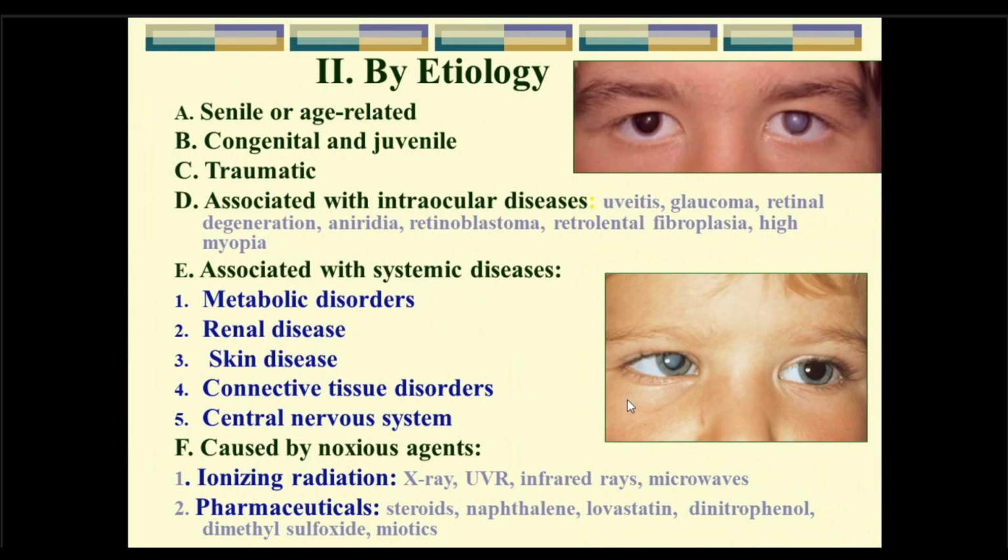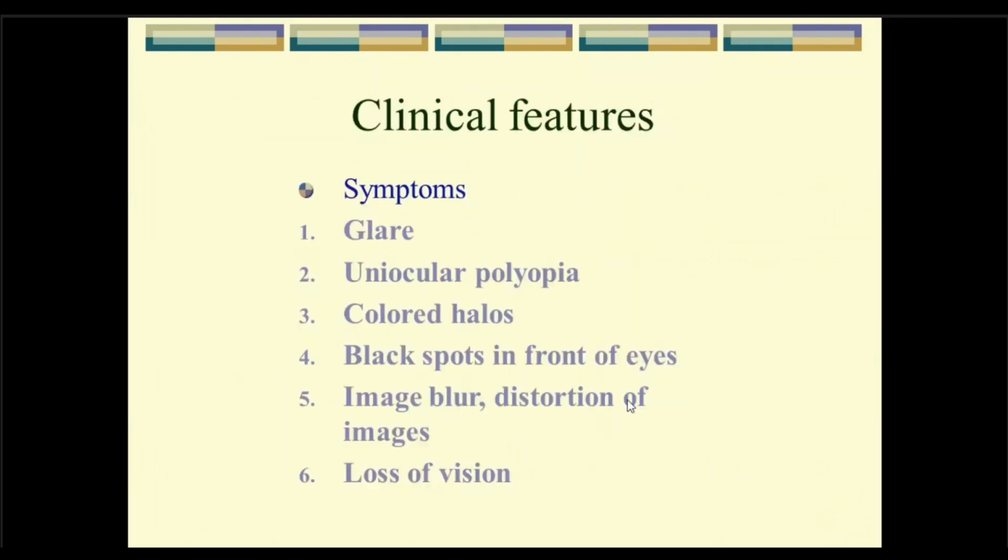According to anatomic localization, we can divide all cataracts into anterior polar, posterior polar, spindle-shaped, lamellar cataract, nuclear cataract, cortical, posterior subcapsular cataract, and total cataract, when opacities affect the whole lens.